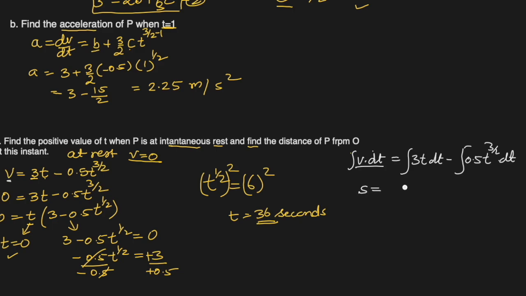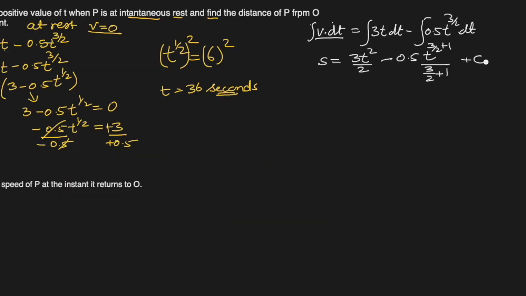So s equal to the integration of 3t, minus 0.5 will remain 0.5, and the exponent will go up by 1. So 3 over 2 plus 1, same 3 over 2 plus 1 here also, and plus c.